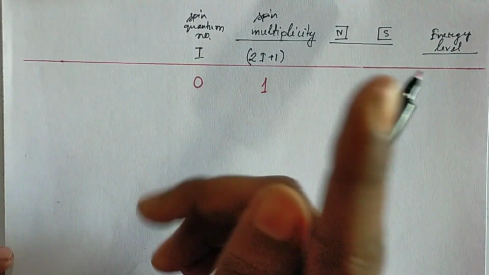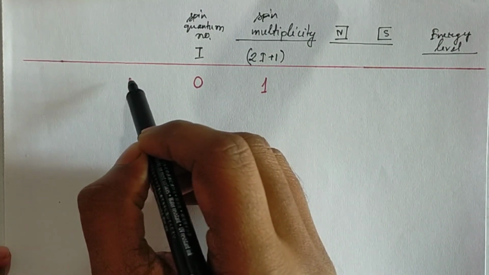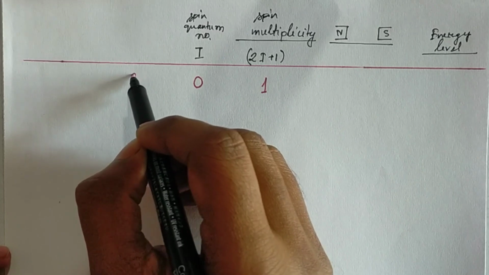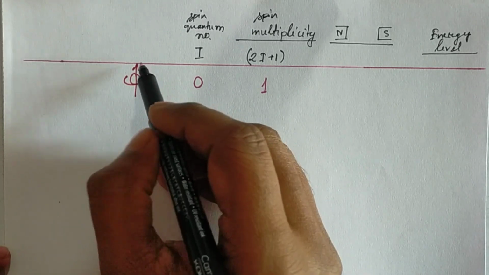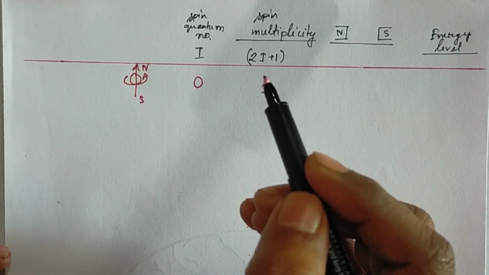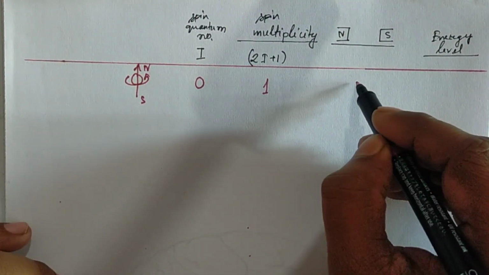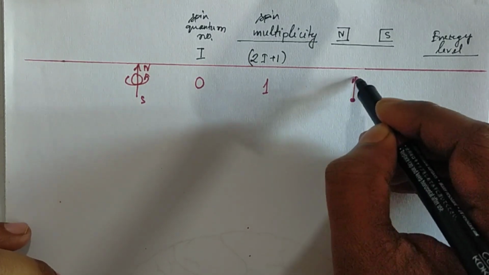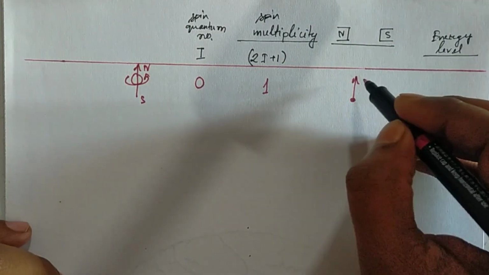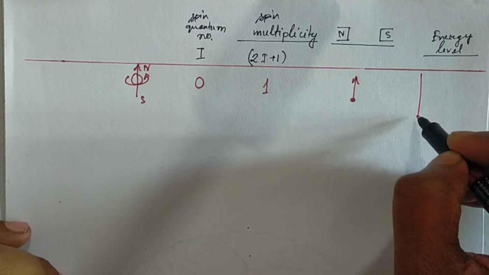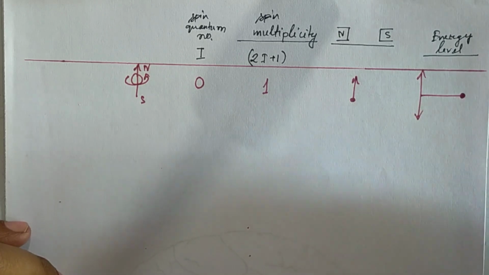Spin multiplicity is 1, that means there is only one possible way to orient. It will orient in one direction, like this, north and south. In the external magnetic field it will look like this, and if you draw the energy level, it will be like this.